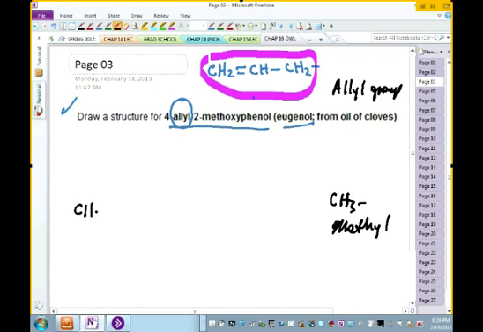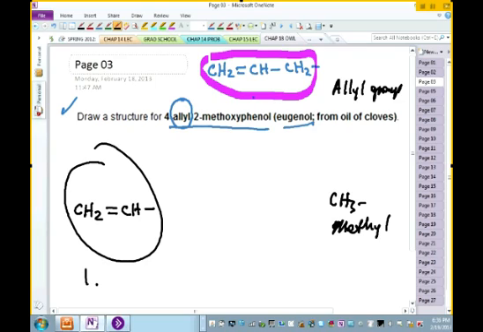Also, this group here is what we call a vinyl group. Those are all accepted IUPAC substituents. Okay, now let us come to the question.